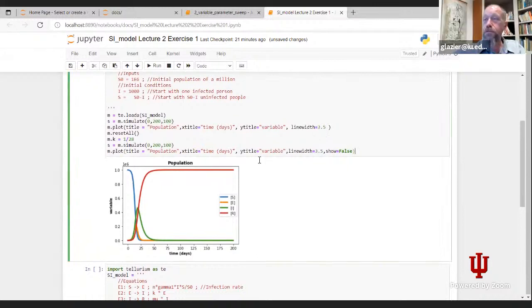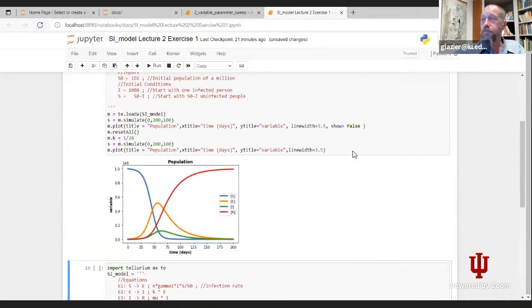Actually, you probably want to do the first one false and the second one true. That would be what you do. And then you don't have to do the show at the end. All right.